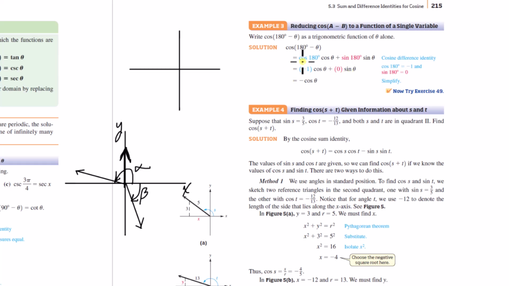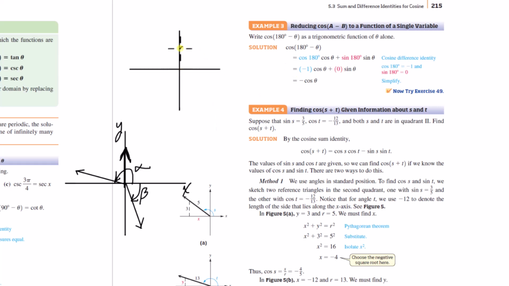So here, cosine of 180 minus theta, if you expand this out with the identity, you get minus cosine theta. When you do this with a quadrantal angle, you're going to end up with positive or negative cosine theta or positive or negative sine theta.